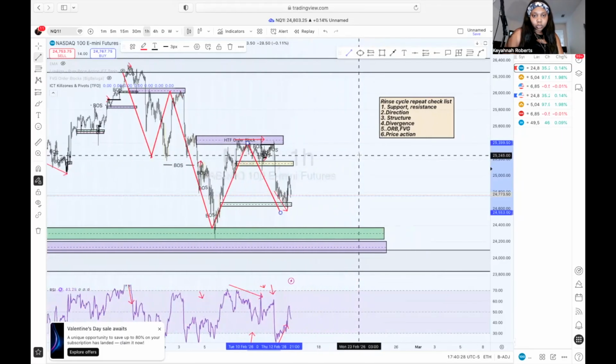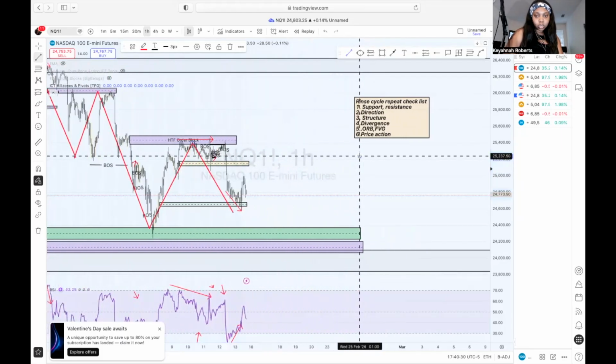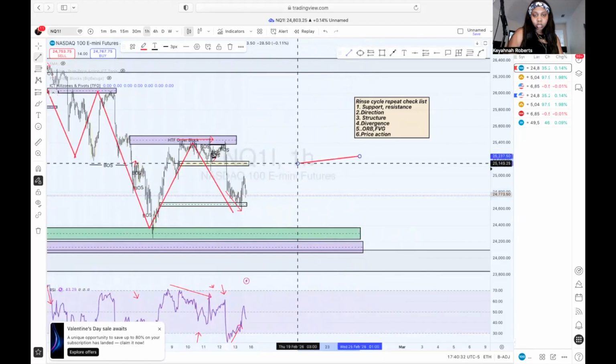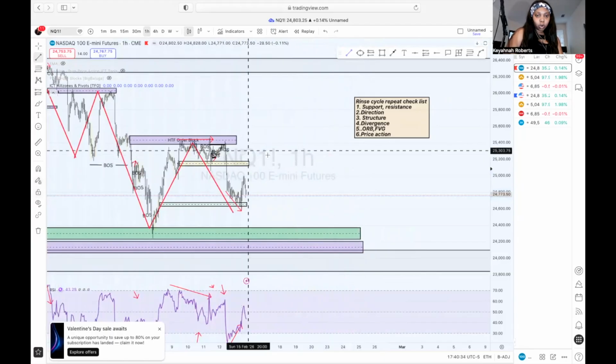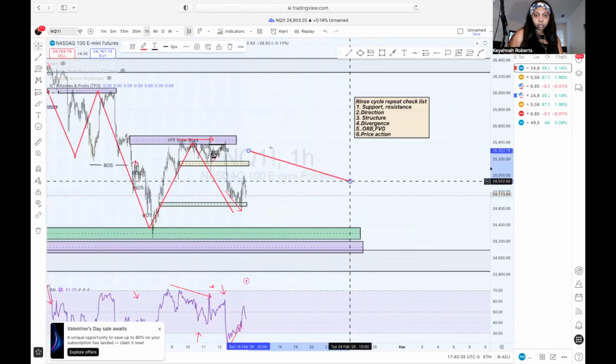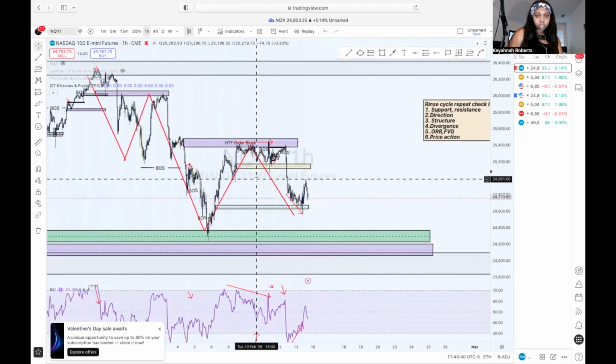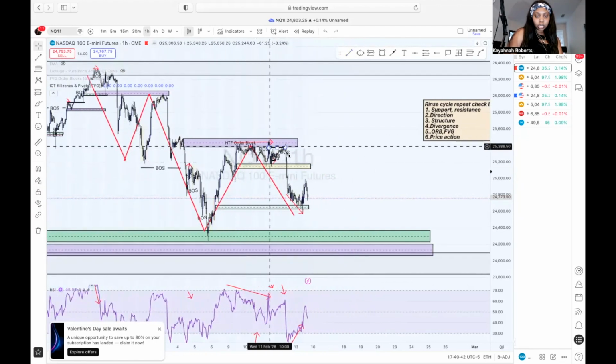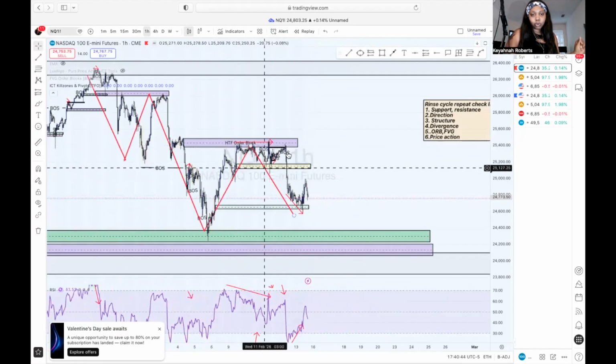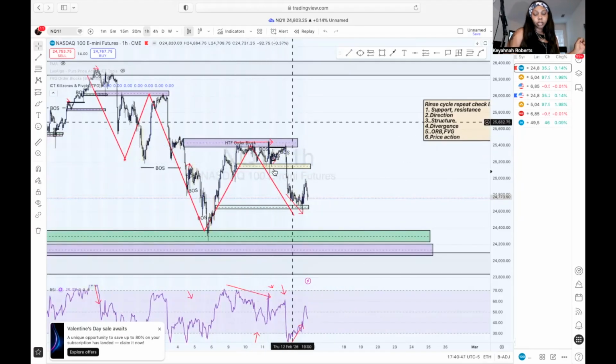And let me just zoom in. Okay, so overall, we were in this consolidation area right here, as you see, where price was just consolidating, like it wasn't breaking support or resistance here. So we're just playing around in this area.